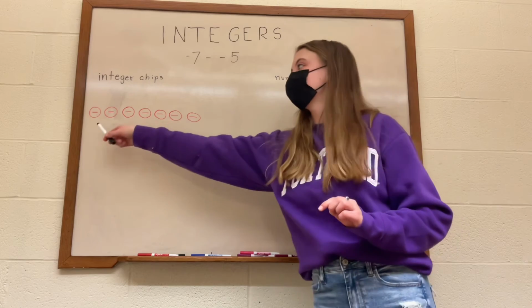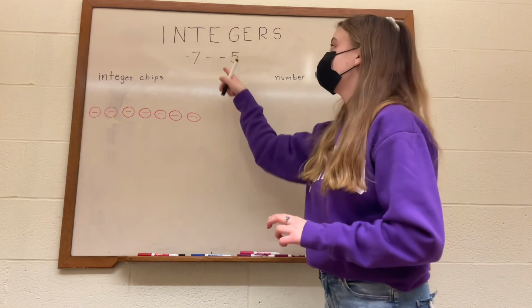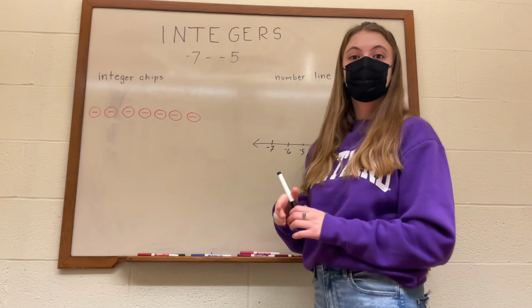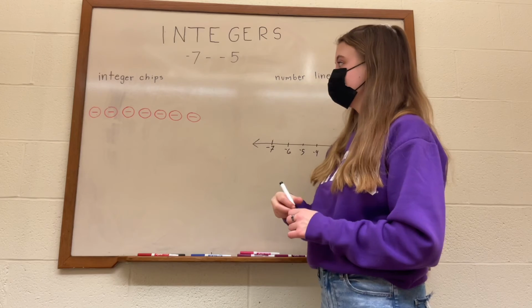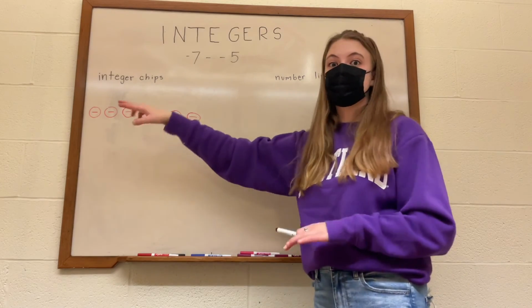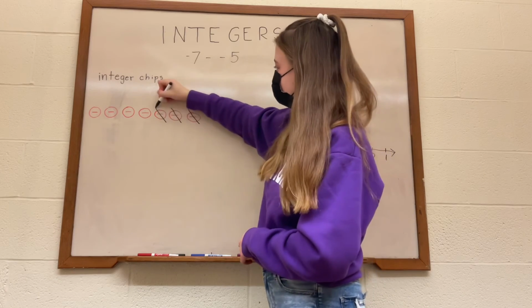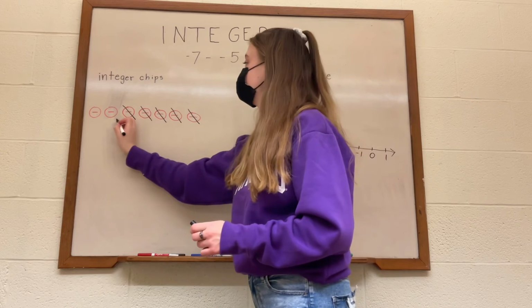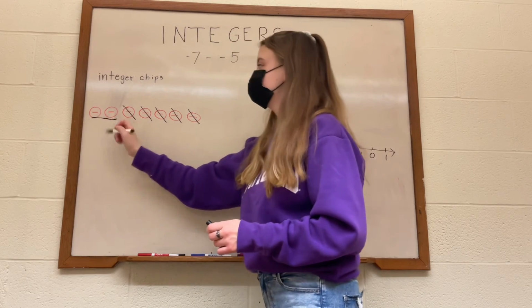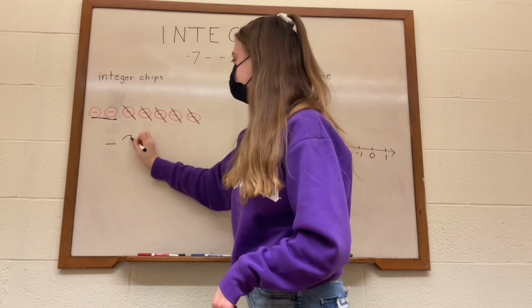So we have 7 chips here that are negative, and what you're going to do is just take away the -5 from that because you were subtracting a -5, and you can just take away 5 negative chips. So 1, 2, 3, 4, 5, which leaves you with -2 chips right over here, which makes -2 your answer.